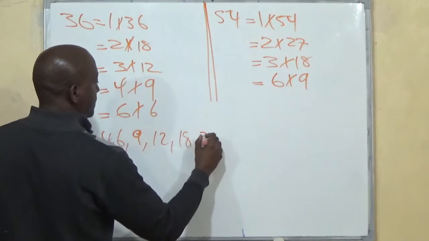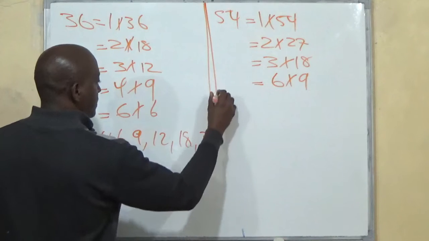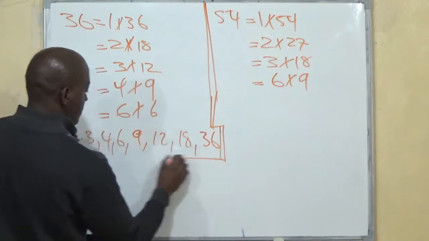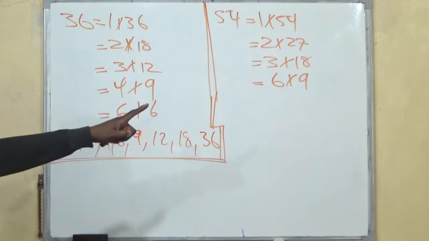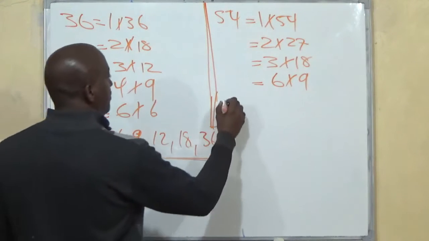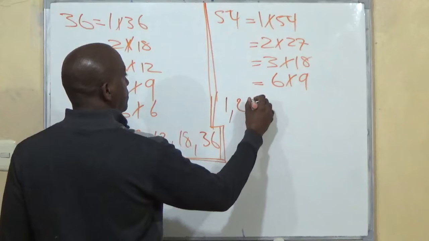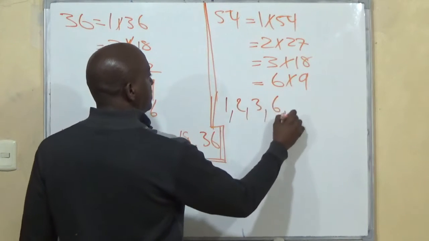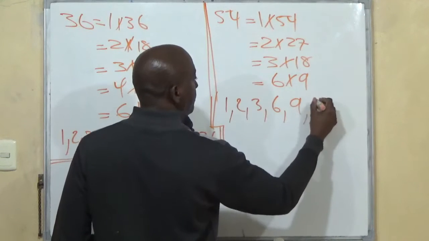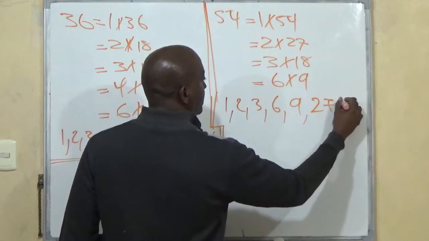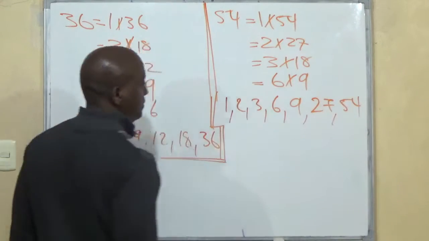And we had said that the factors of 54 would have been 1, 2, 3, 6, 9, 18, 27, and the number 54 itself.